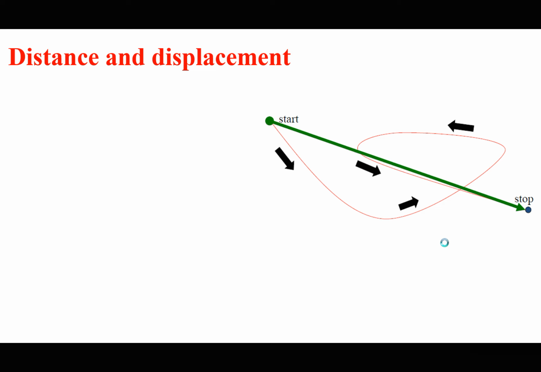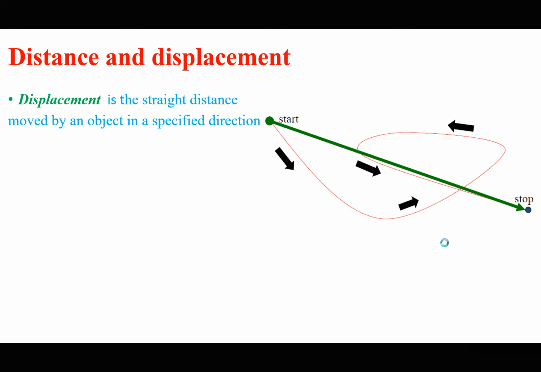If there is any possible way for you to move straight from the starting point to the stopping point without following the available red path, then the shortest distance between the starting point and the stopping point is the displacement. It is actually the straight line distance moved by an object in a specified direction.